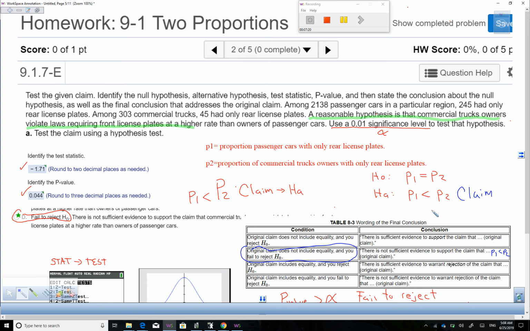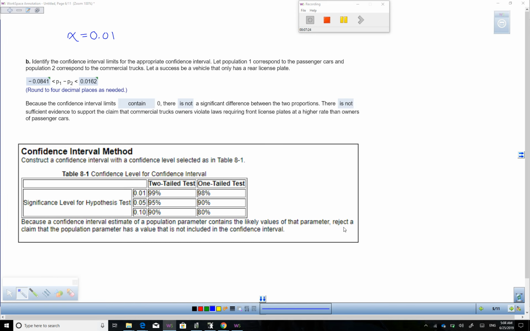This inequality indicates that we have a left tail. So we go to this table, and for 0.01 and a one-tail test, we use a 98% confidence level. This is the information I use for my calculator.